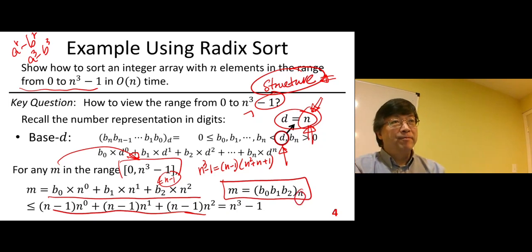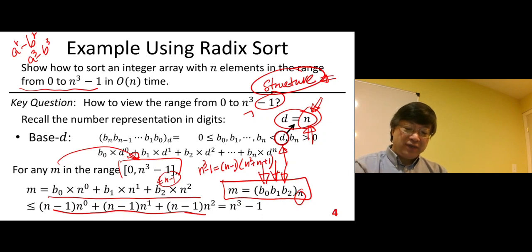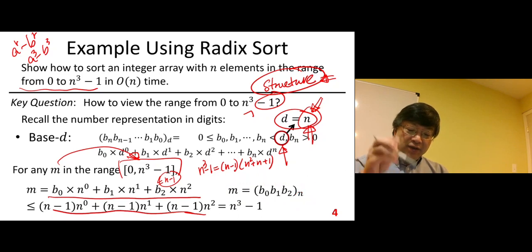After that, can we apply the radix sort three times? Oh, sorry, I noticed something wrong here. Although the importance is not that big, it should be B2, B1, B0, not the other way.